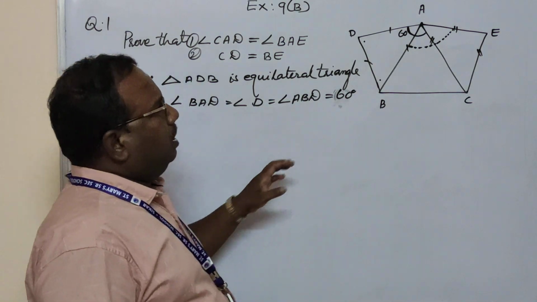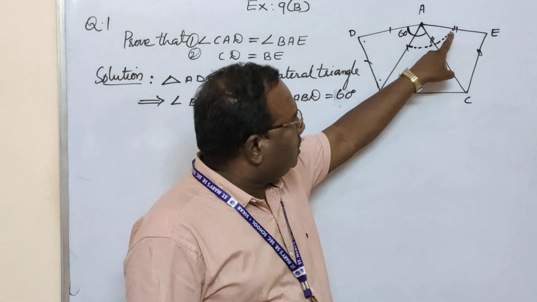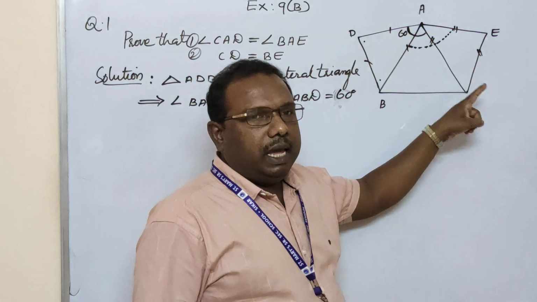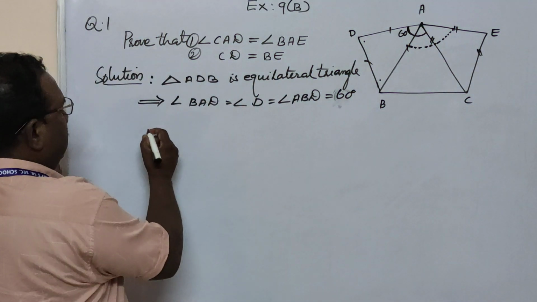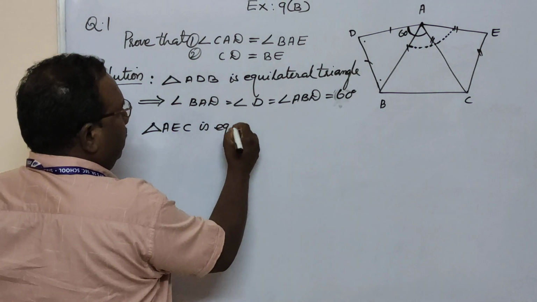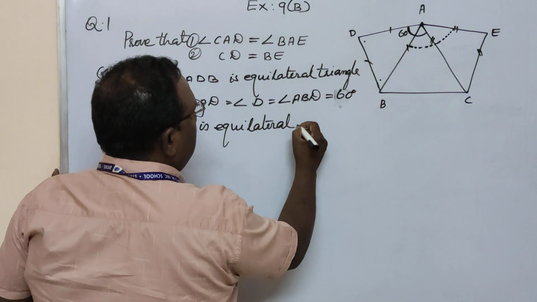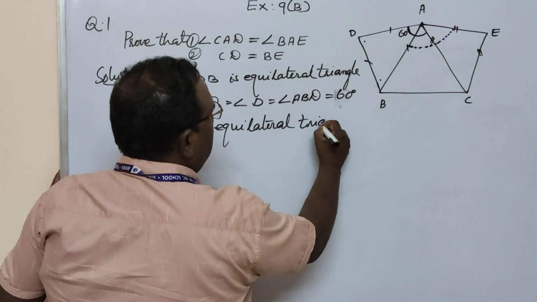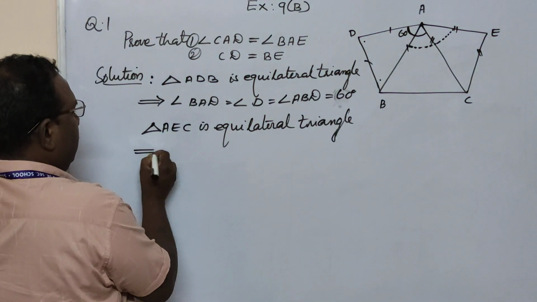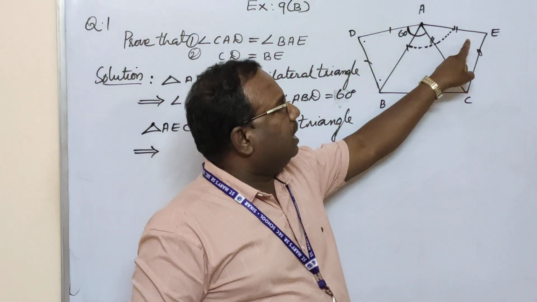Again, let's discuss the next equilateral triangle, that is, equilateral triangle AEC. AEC is also an equilateral triangle. Triangle AEC is an equilateral triangle, which implies each of its angles is 60 degrees.